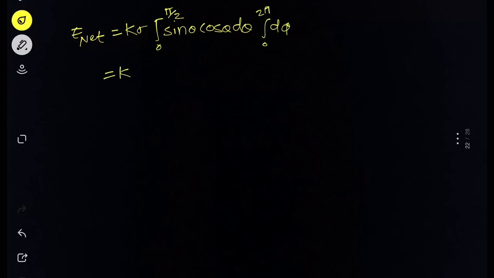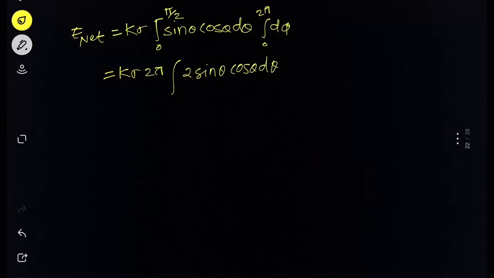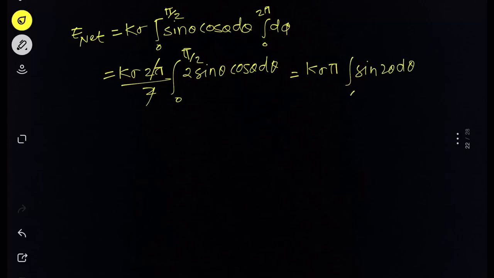So we'll have k sigma 2 pi into, here we'll multiply and divide by 2. So here we'll have 2 sin theta into cos theta d theta and divide by 2 will take outside. So here the variation is from 0 to pi by 2. We can write k sigma pi, this 2 and 2 will get cancelled, and we'll have only sin 2 theta d theta, and the variation is from 0 to pi by 2.